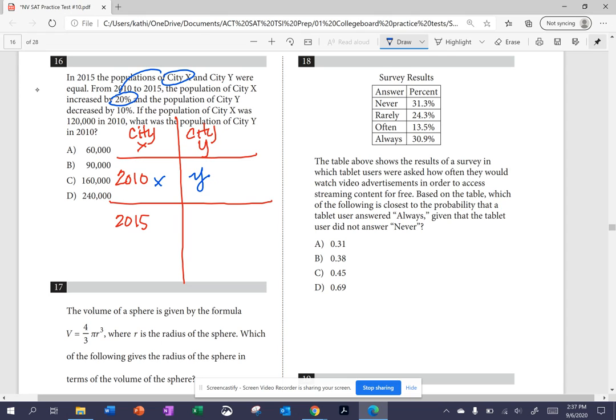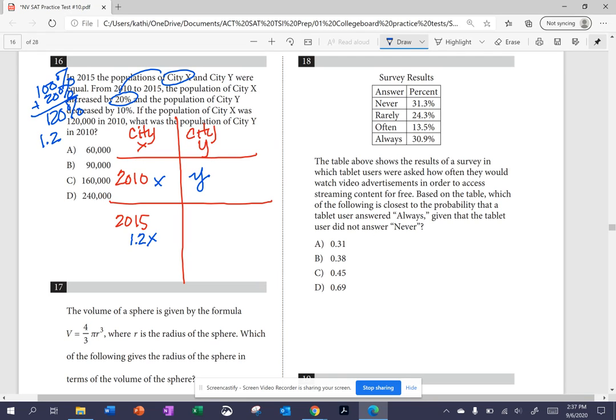So 100% plus 20% is 120%. So we talk about this rate in percent, but as a decimal, that's 1.2. So in 2015, whatever the population was there, it's 1.2 times X.